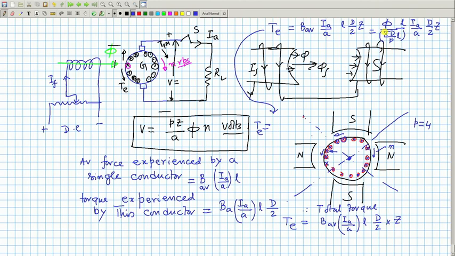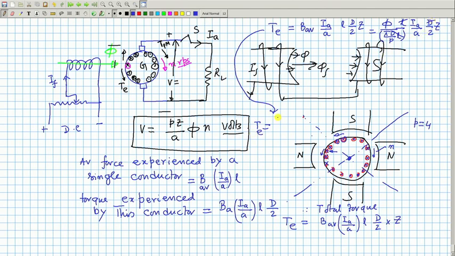So, this will become equal to, if you see, several things cancel out: d cancels out, L cancels out, and it is 2.